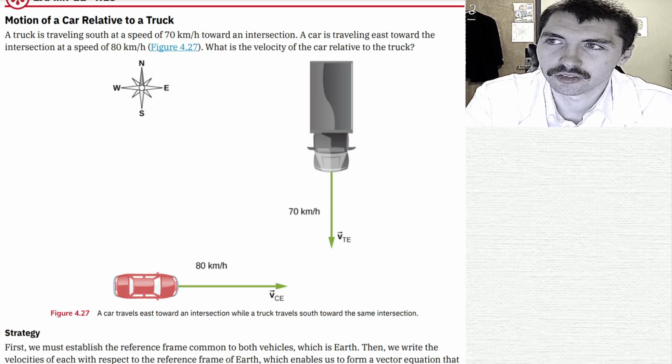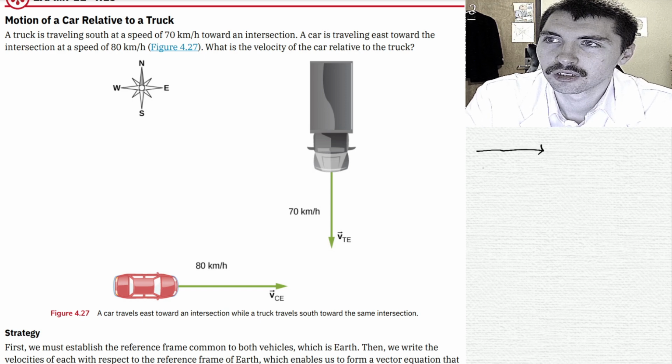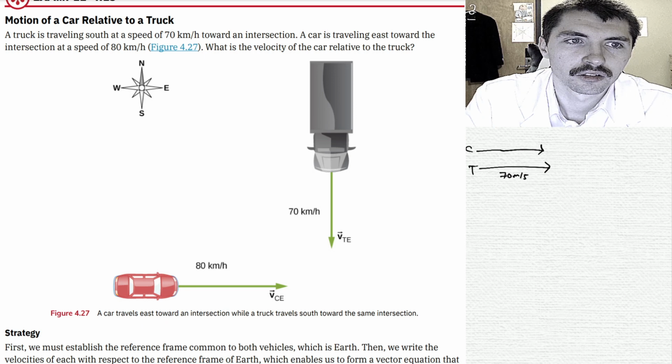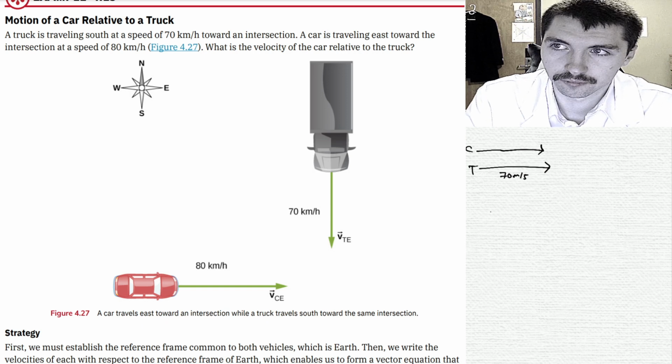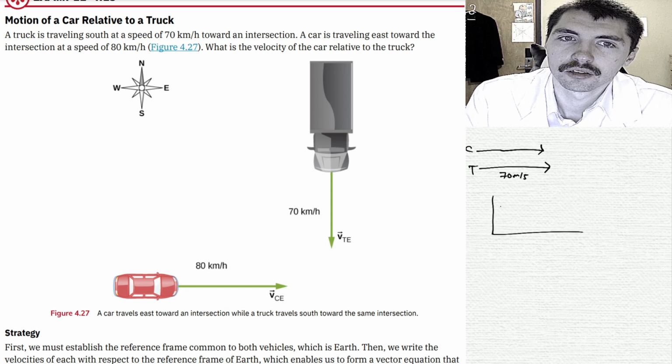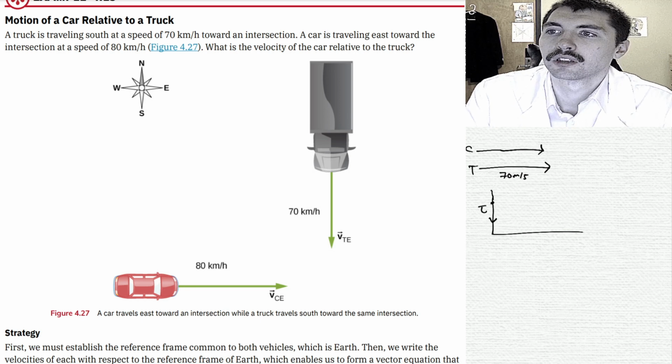Motion of a car relative to a truck. So we have a car and a truck. Okay, the truck is traveling south, 70 kilometers.